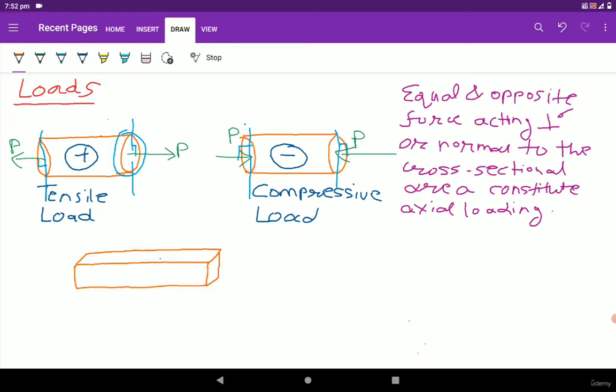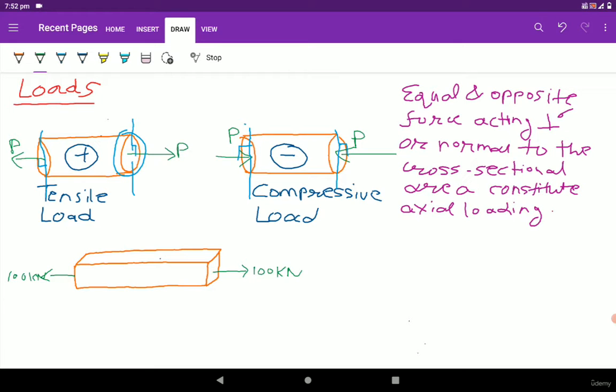Now this rectangular cross section is subjected to the loading of 100 kilonewton, that is the tensile loading of 100 kilonewton from both sides. So now we want to know how much load is subjected to this cross section.